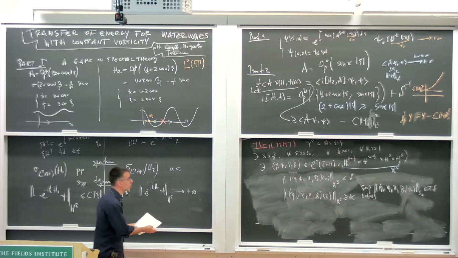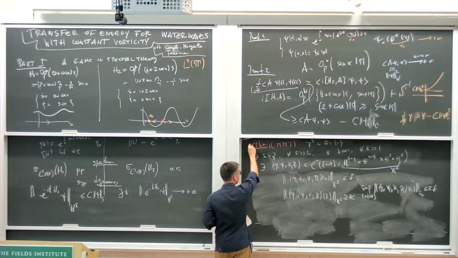So this is a growth of Sobolev norms for the water waves with constant vorticity.